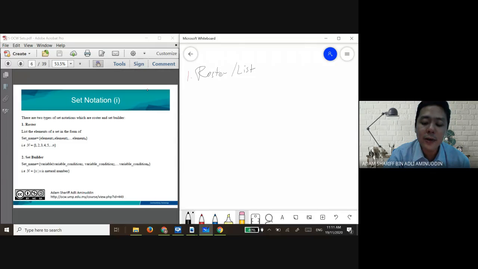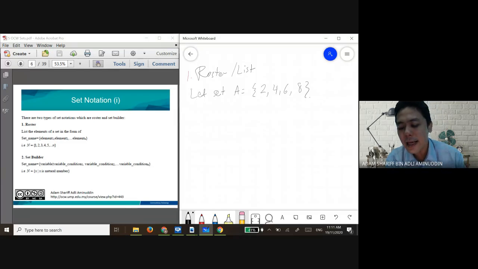So if I put this, let's set A equals to 2, 4, 6, 8. Okay, ini adalah set yang mempunyai elemen even numbers from 2 until 8. Very simple. Ini roster notation.